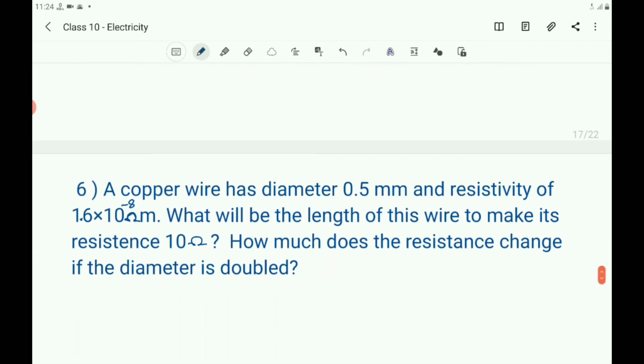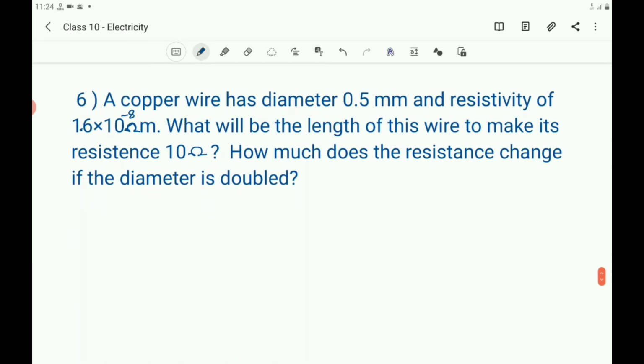Next, let us take the sixth question. A copper wire has diameter 0.5 mm and resistivity of 1.6 into 10 to the power of minus 8 ohm meter. What will be the length of this wire to make its resistance 10 ohm?